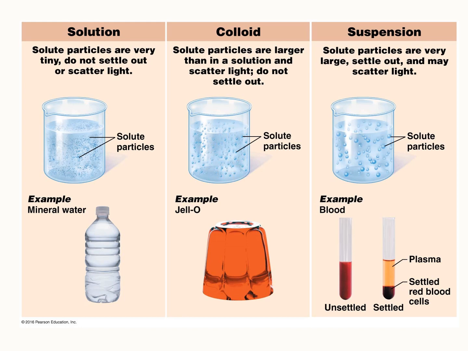With a suspension, again, the particles are large enough that they disperse light, so we get an opaque or cloudy mixture similar to a colloid. However, now the substances that are mixed in are large enough that they separate from the remainder of the mixture over time. And we said that a suspension where we have one liquid mixed in with another is called an emulsion.